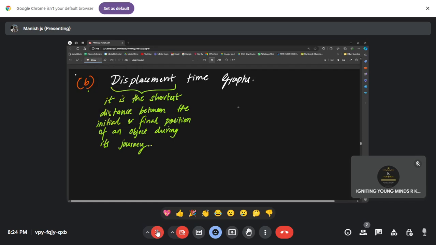I'll give you a quick example. Say Rahul starts from point A. I'm representing Rahul using a dot here. Now Rahul travels 5 kilometers due east. What do I mean by 5 kilometers due east? As per geographical directions, we know north, south, east, and west.